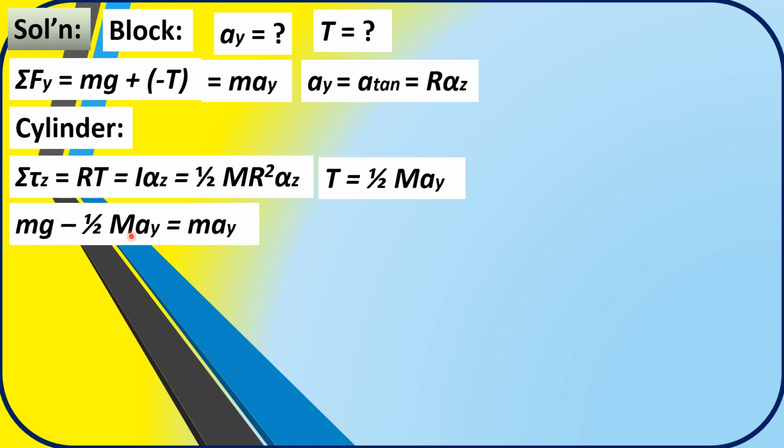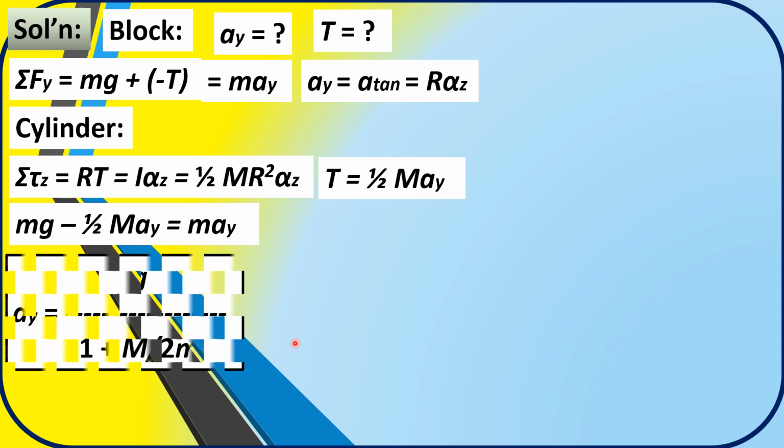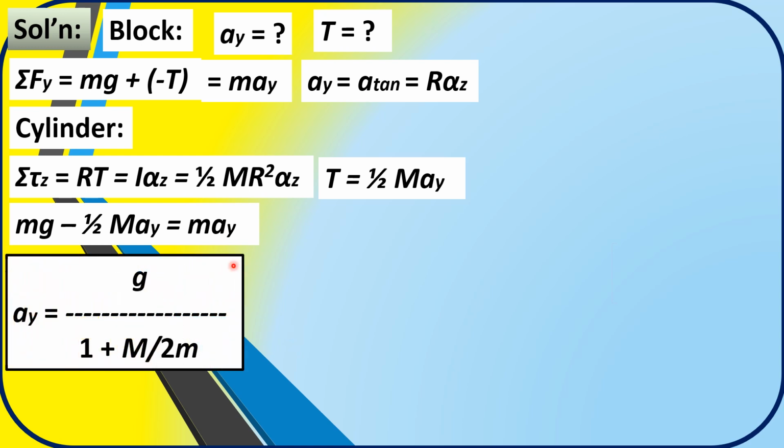From here, we can derive the working formula for a sub y, our target variable, which is equal to acceleration due to gravity g divided by 1 plus big M divided by 2 small m.